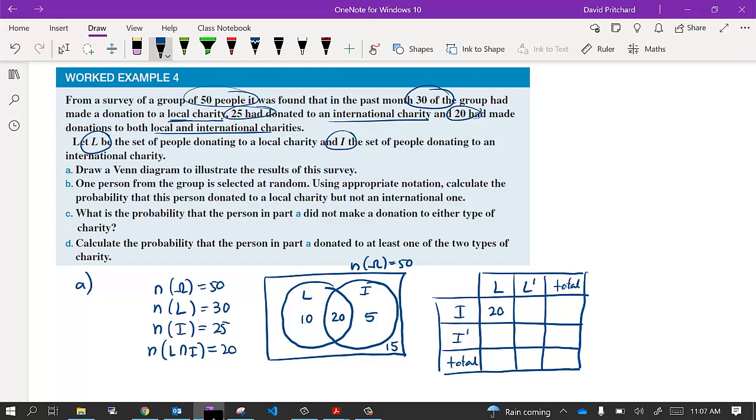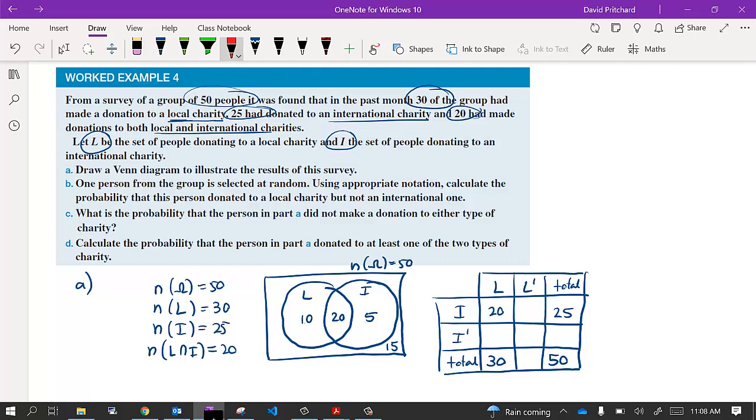We know from the information that 30 went to the local charity, so L adds up to 30. We know the international charity was 25, so I adds up to 25. And our final thing that we know is that the total is 50. So if I fill these in, it's just a matter of filling in the gaps.